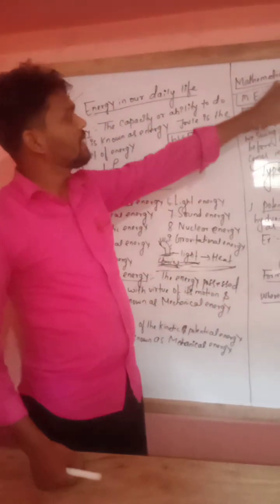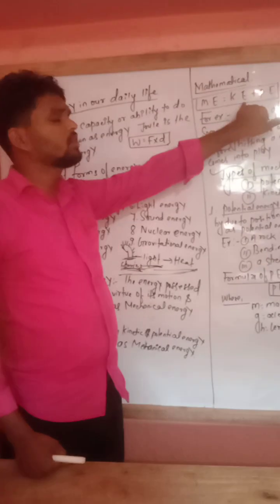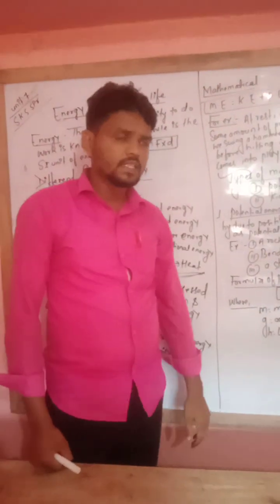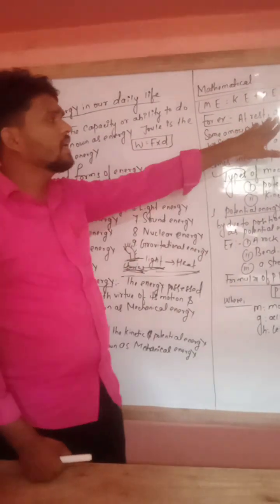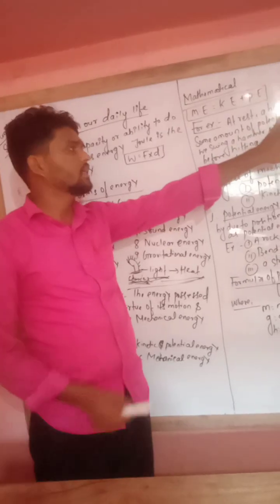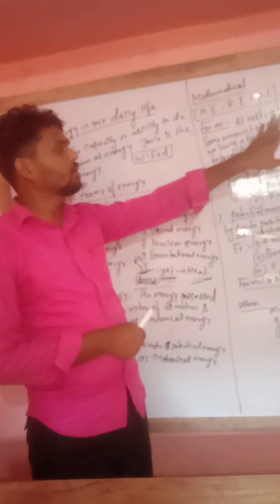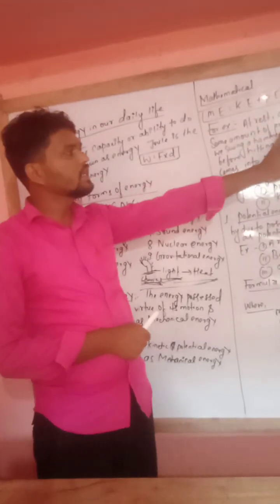Now mathematically, mechanical energy is equal to the sum of kinetic energy and potential energy. For example, at rest, a hammer contains only some small amount of potential energy.